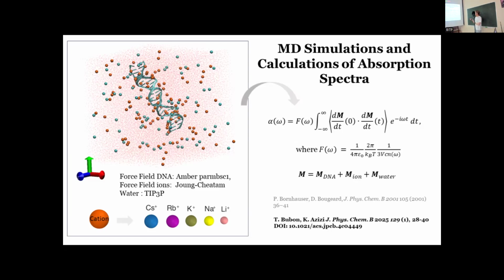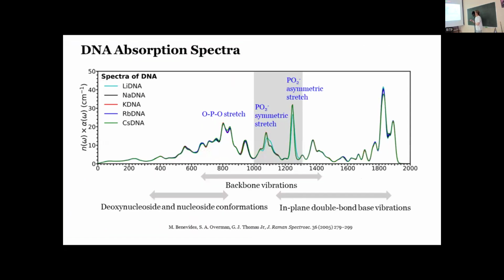The absorption spectra contain both cross-correlation terms and autocorrelation terms, but since in this work we were mostly interested in the individual contribution of each of the system elements, we neglected the cross-correlations and studied only autocorrelations. So here are the results that we obtained for the DNA in the case of the system with the different alkali metal ions.